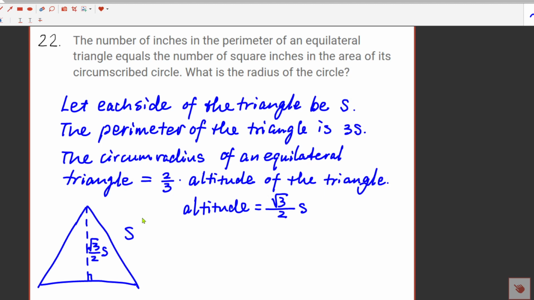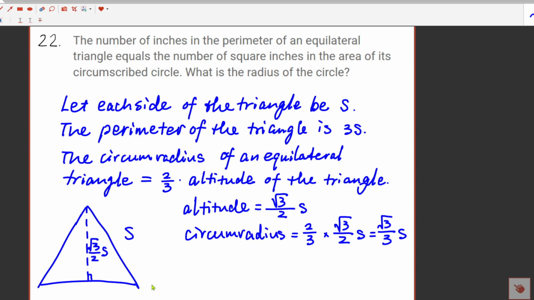So the circumradius has length 2/3 times the altitude, which is square root 3 over 3 S, right?